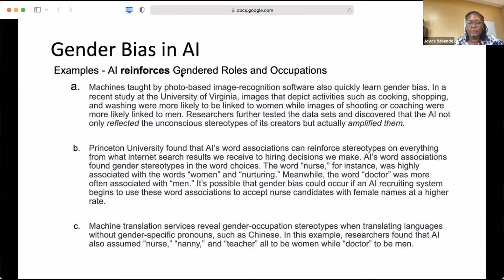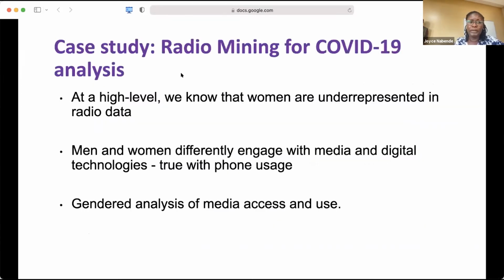And if I came as a female and I want to be accepted as a doctor, the model will probably not give a good decision, or its confidence will be very low, right? Because it's trained to accept more doctors who are male. And part C is the same as what we just showed for the machine translation services, which found that AI systems assumed nurse, nanny, teacher to be women, while doctors to be male. And that's usually the problem.